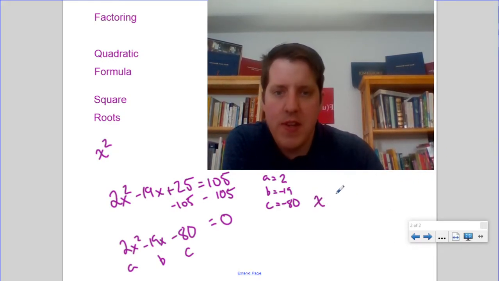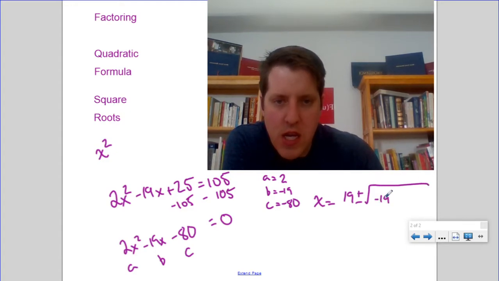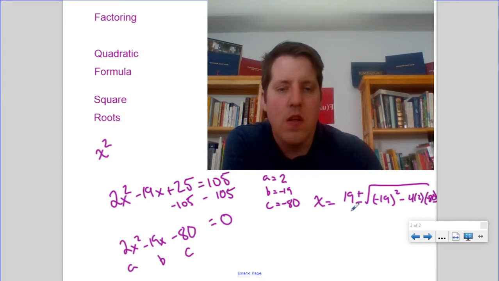The opposite of negative 19 is positive 19. Plus or minus the square root of negative 19 squared minus 4 times a times c, all over 2a.